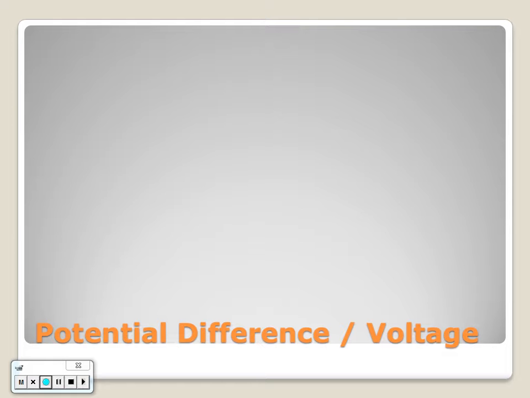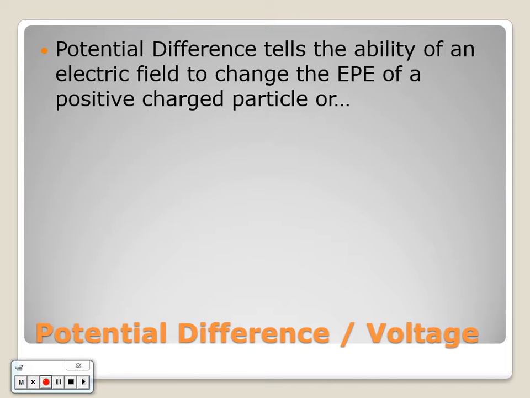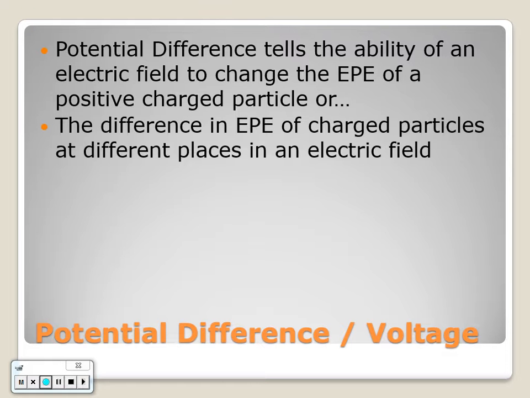So let's talk about potential difference and voltage, which are two terms that are similar, not exactly the same, but as far as you're concerned, we're pretty much going to call them the same. Okay? All right. So the potential difference tells the ability of an electric field to change the electrical potential energy of a positive charge, or the difference in potential energy at different places in that electric field, right? Those two things are basically stating the same thing, just different ways, okay?